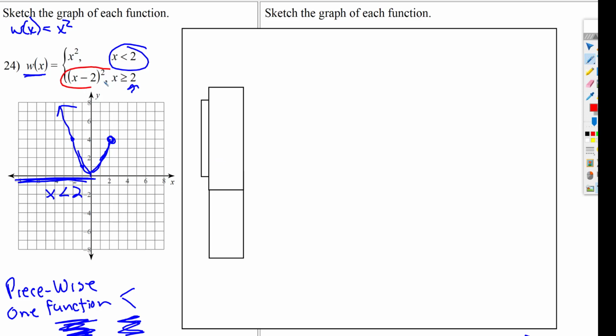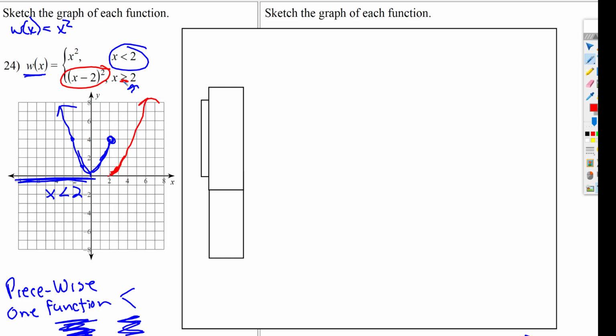Now we're going to look at this graph. Well, this graph is also an x squared, but we've been shifted over. The opposite of negative 2 is positive 2. So now we start this graph. So when we plug in 3, 3 subtract 1 is 2... 1 squared is 1. So it's going to go like this.